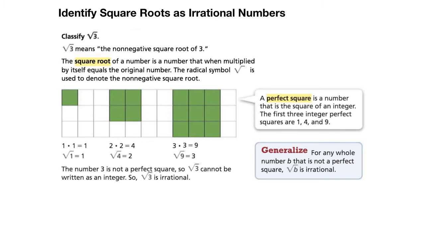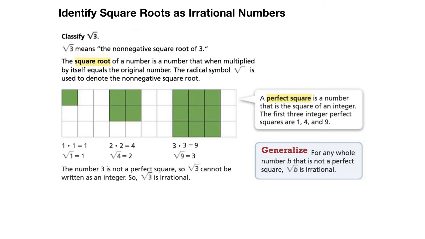When we're classifying square roots, we need to be careful to check them and make sure that they're not a perfect square. A perfect square is a number that is the square of an integer. And so when we find its square root, we're going to get a whole number or an integer, but not a decimal. We were given 3 examples in this picture. 1 is a perfect square.